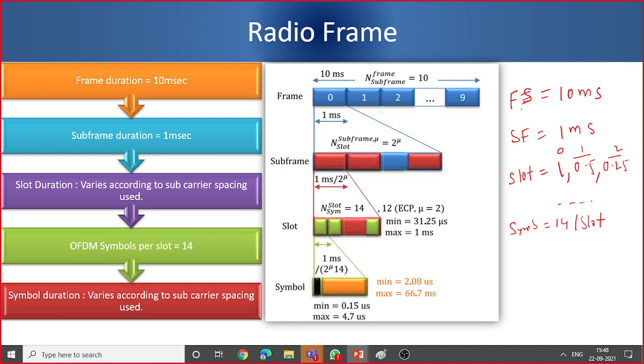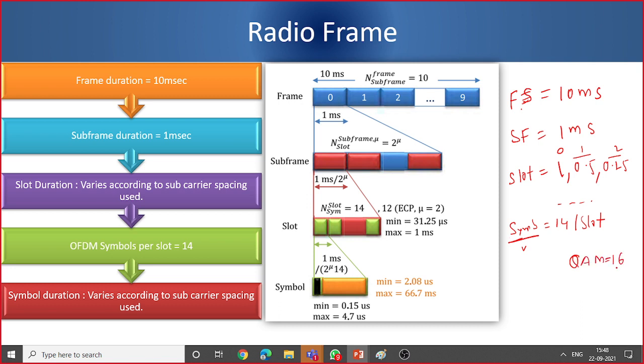Okay, good. So basically, your QAM will come here in the symbol duration, right? The relation of the QAM is here because when you transmit data using orthogonal frequency division multiplexing, we are modulating subcarriers with your data. So for example, let me take a small example. Suppose you are using QAM 16.